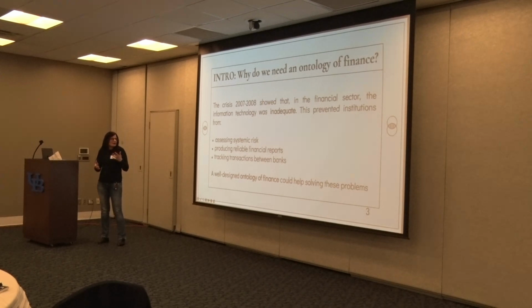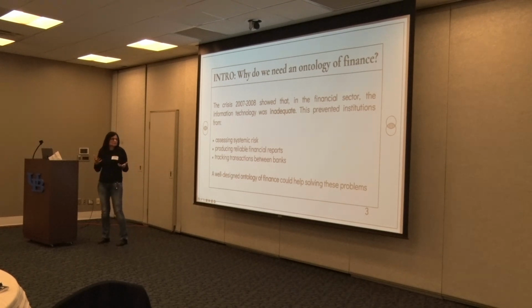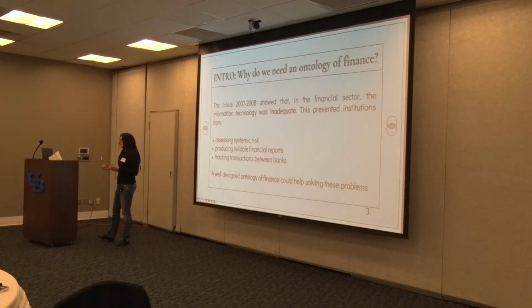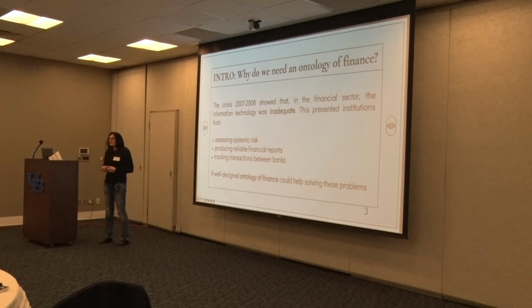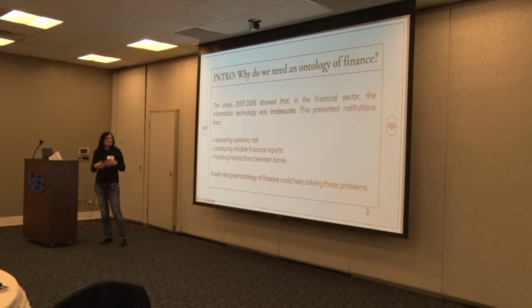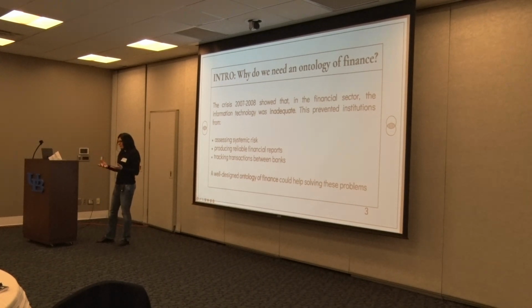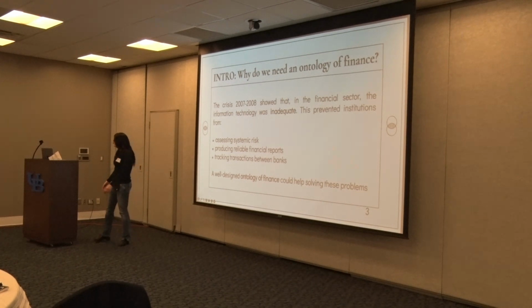So, a well-designed ontology of finance would help to solve part of these problems, because on one hand, as you know, an ontology can promote interoperability, and so the ability of different systems to communicate and exchange data. On the other hand, it can also help to organize data and facilitate automated reasoning.